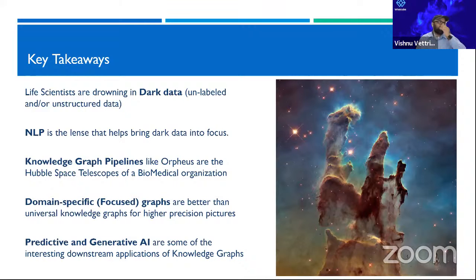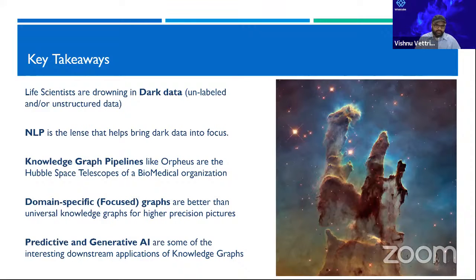We hear in the news a lot of these Uber models like GPT-3 and whatnot. They just throw the whole kitchen sink at it. But in our experience, at least, if you're trying to solve a specific problem, try to be focused and decide what corpus and what data sets you actually want to include, because it is going to have a big impact in terms of the downstream use cases that you can then do.